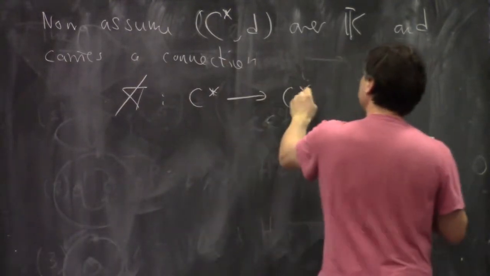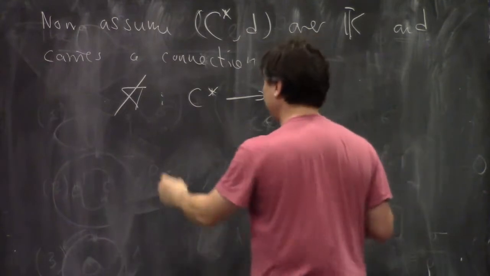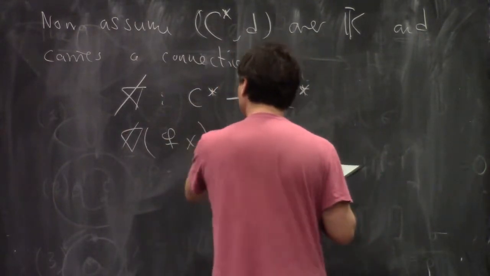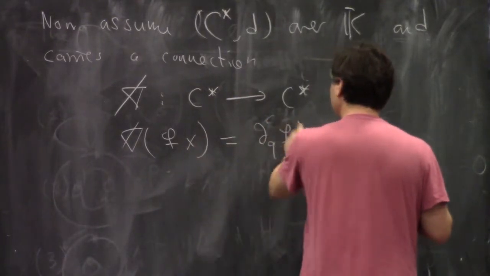So this is an operator that's not linear over K, it's a connection in Q direction, so it satisfies this guy here.